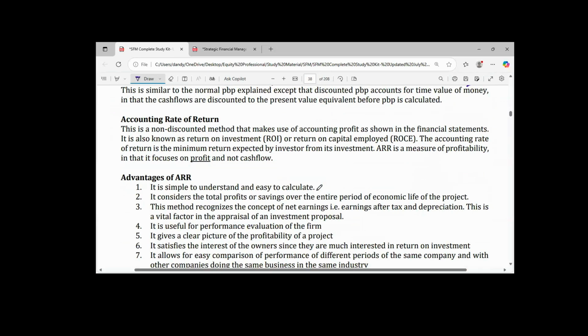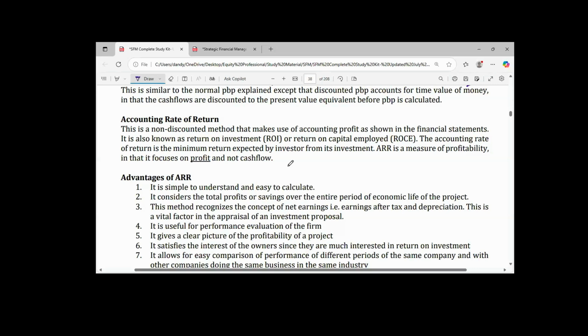The accounting rate of return is a measure of profitability, unlike the payback period that measures liquidity, okay?